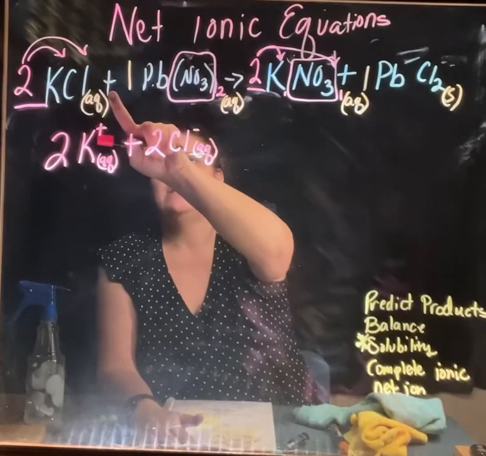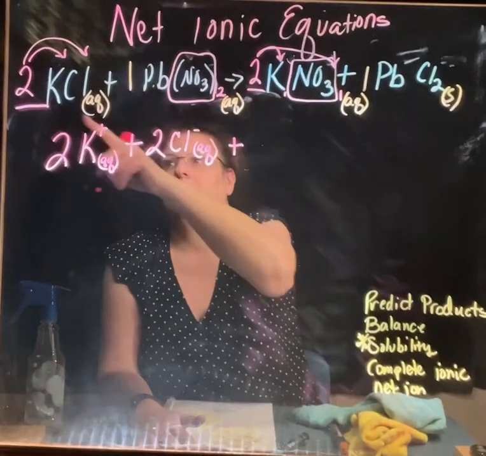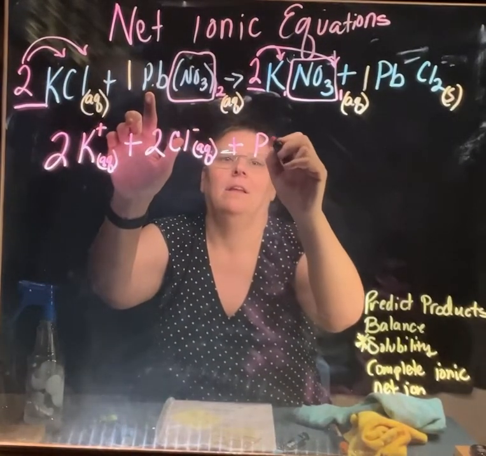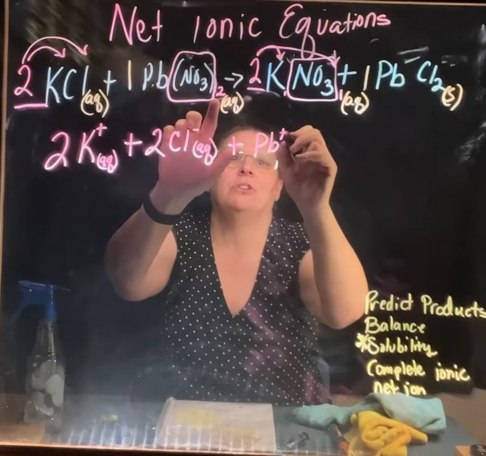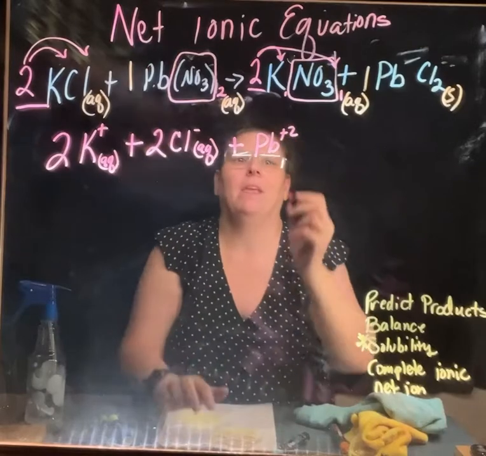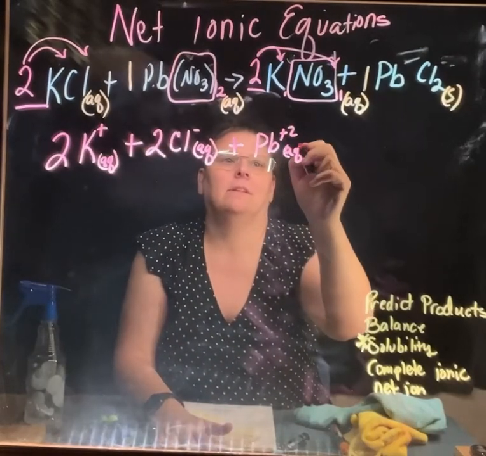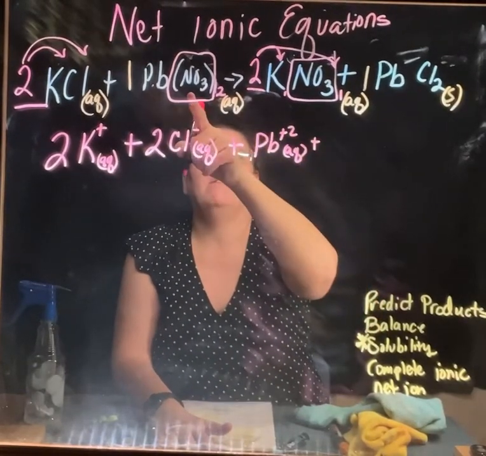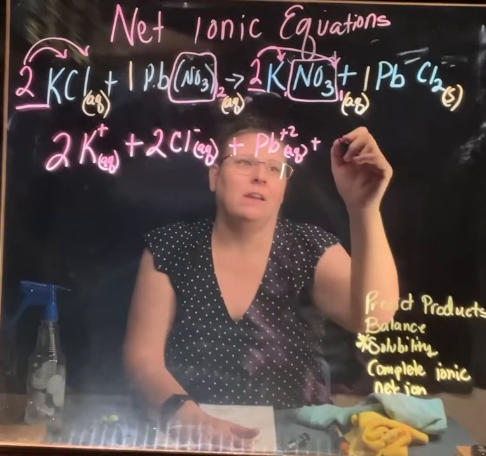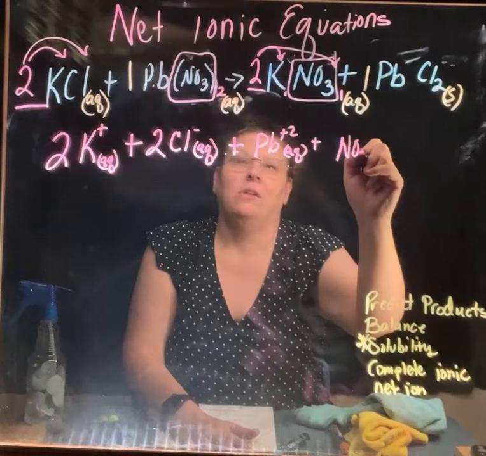So then the next thing I have here is a plus sign. Okay, so I'm just going to keep working with it. I have 1 lead, and it has a +2 charge, because remember, what's down here was originally up here. It's aqueous. Then we have, remember how I told you to keep it together? Well, remember this is an ion, NO3.